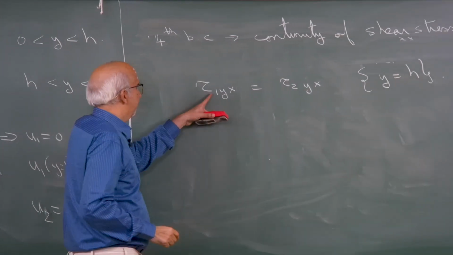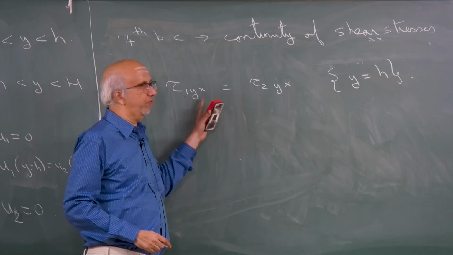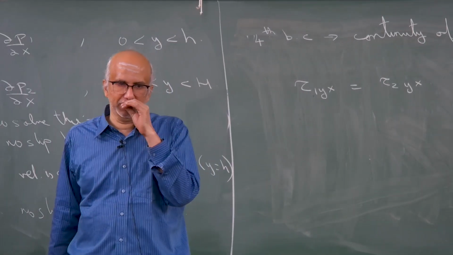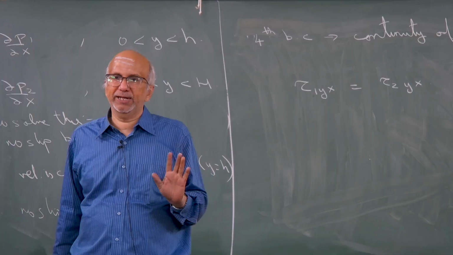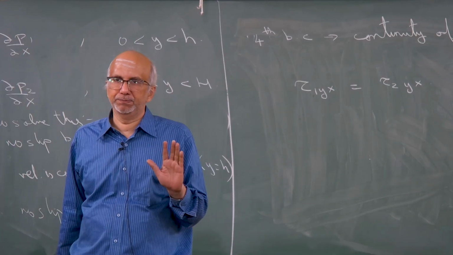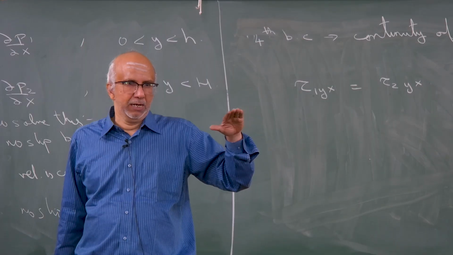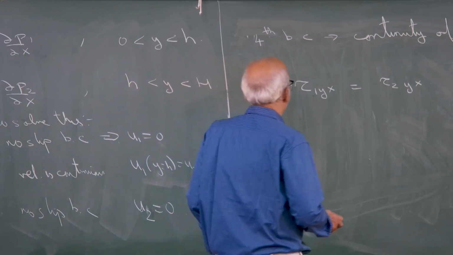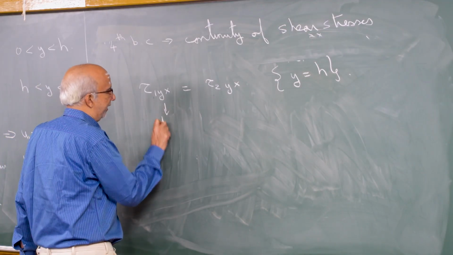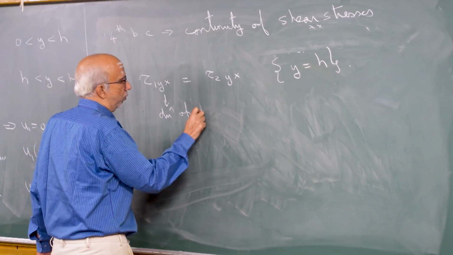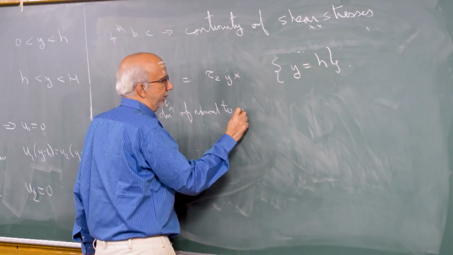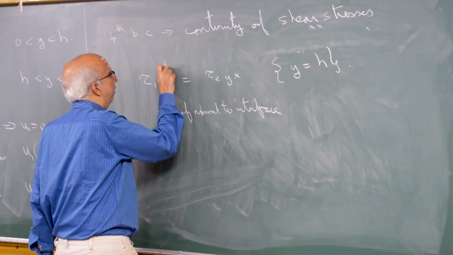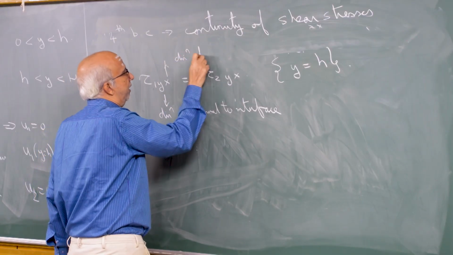Okay. 1 is the first fluid, 2 is the second fluid, and yx, and we are going to discuss this in more detail later on in the course, what exactly I mean by tau yx. The first subscript tells you the direction of the perpendicular to the interface. So, the interface is in the x direction, the perpendicular direction is y. So, this is the direction of the normal to the interface, and the second subscript is the direction of the stress.